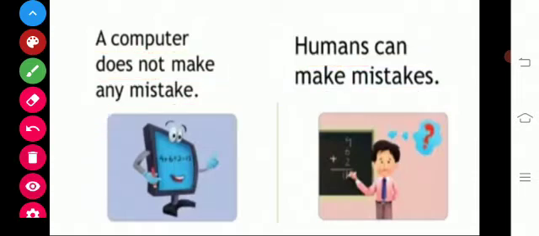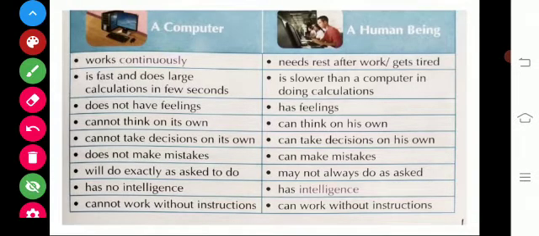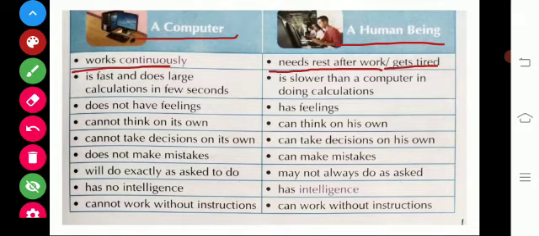Okay. And then we came to know a computer works continuously, but a human being needs rest after work and gets tired. A computer is fast and does large calculations in a few seconds, but a human being is slower than a computer in doing calculations.